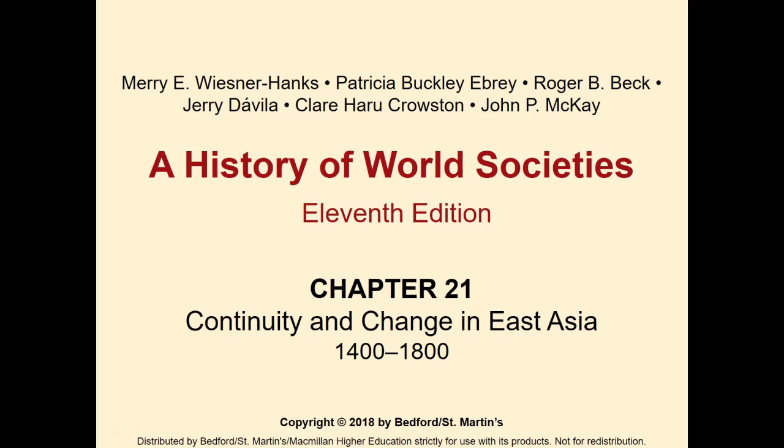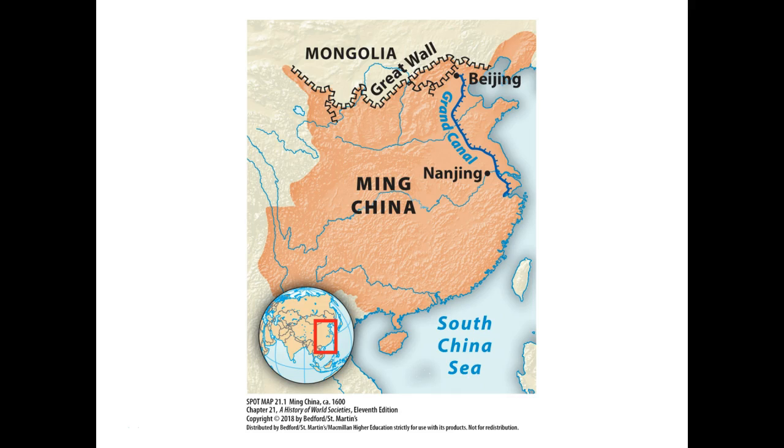The first part of the chapter you're going to be reading about essentially deals with Ming China. This first period from 1368 until 1644 is a transition period in Chinese history. It's when the Mongols are eventually booted out and a pure Chinese dynasty returns with the beginnings of the Ming dynasty.